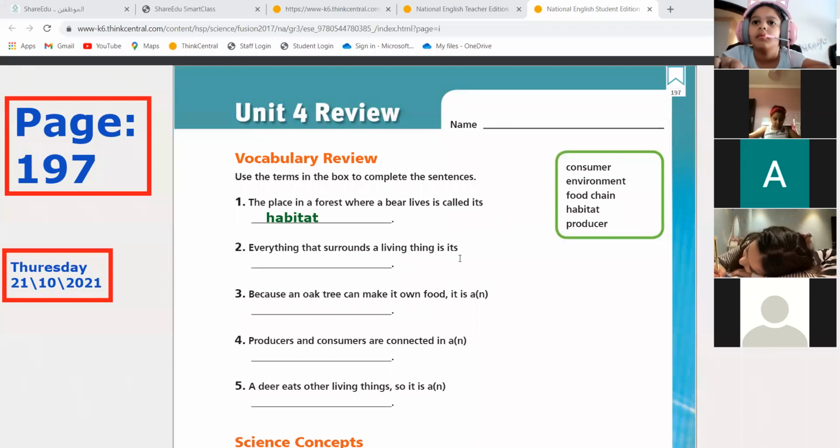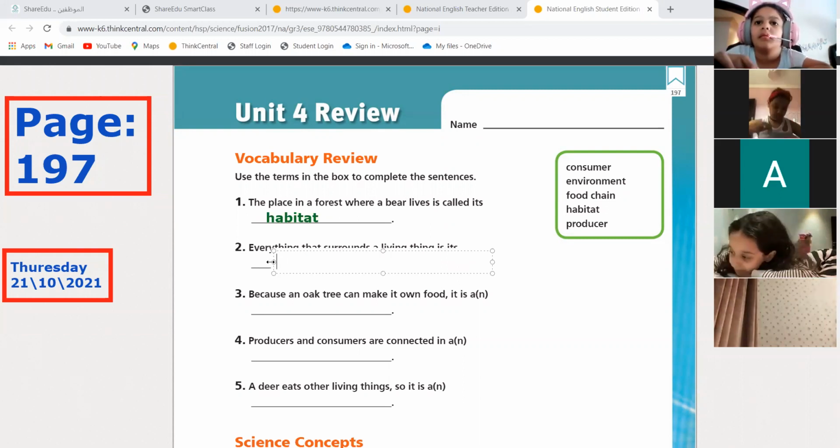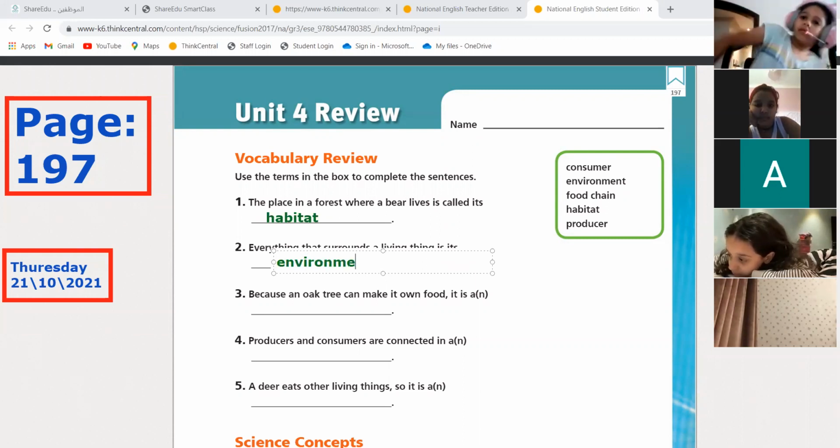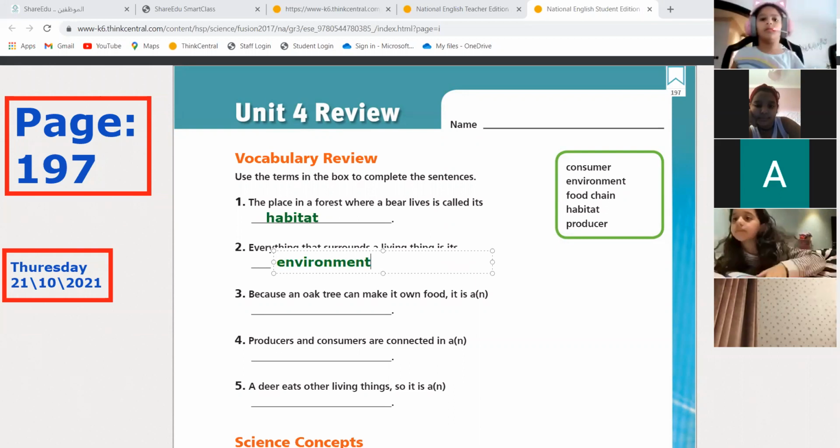All the things around you, you call it environment. Yes, it is environment. Environment is all the things around you, living thing and non-living thing. Excellent. The living things and non-living things all around you.